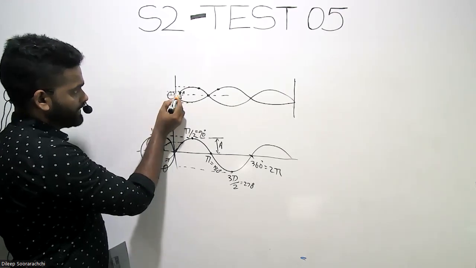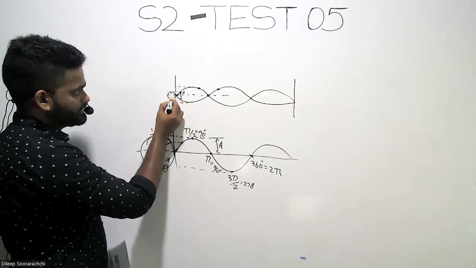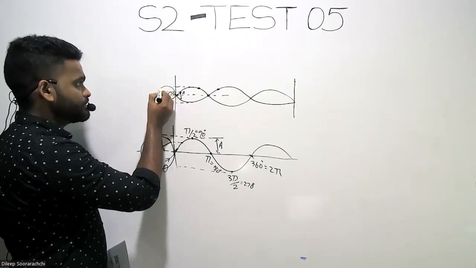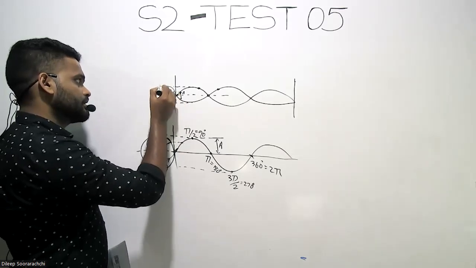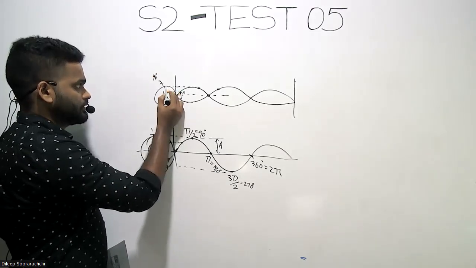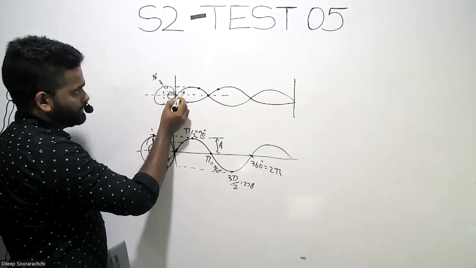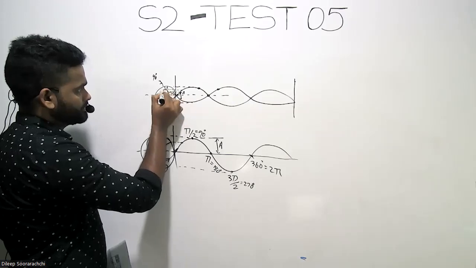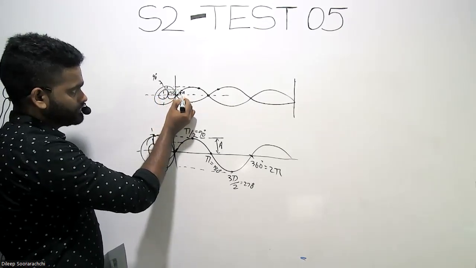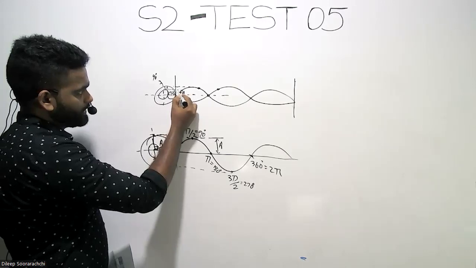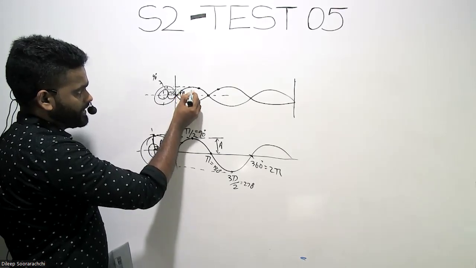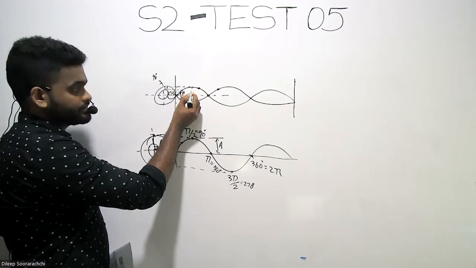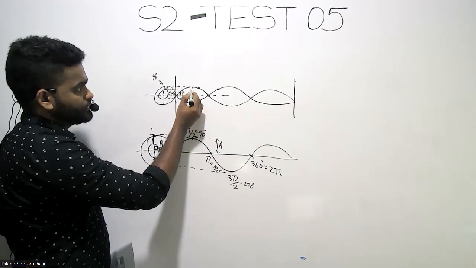So the phase of this point at the peak is 90 degrees. This point also has 90 degrees, so you have to draw a bigger circle for that. This point, you need to draw another circle, because it has a different amplitude. Each point has a different amplitude. Amplitude keeps increasing, and at the antinode it has the maximum amplitude.